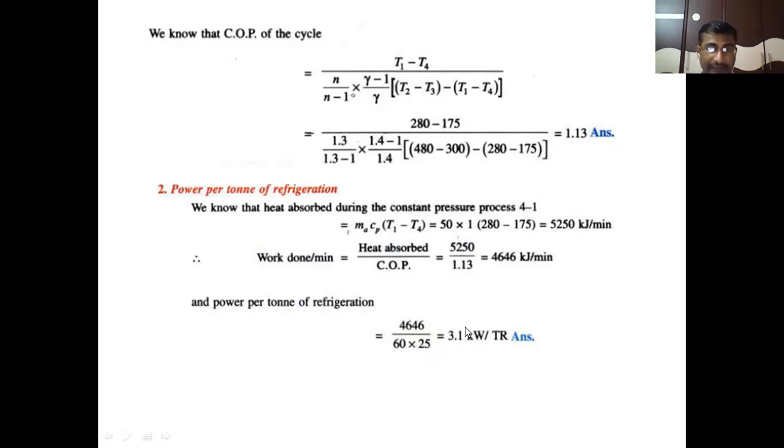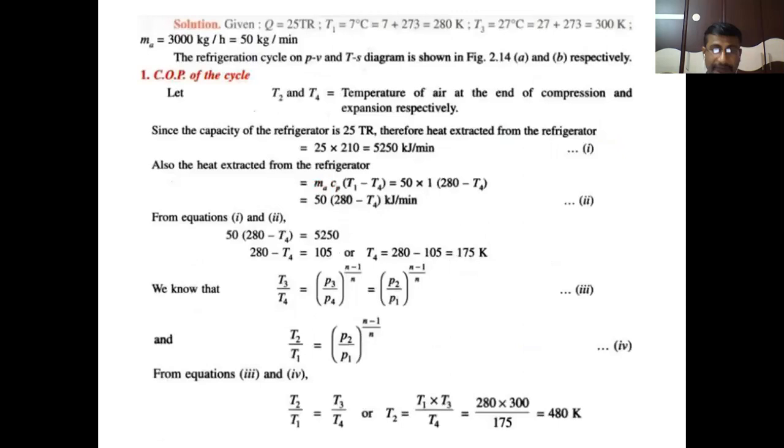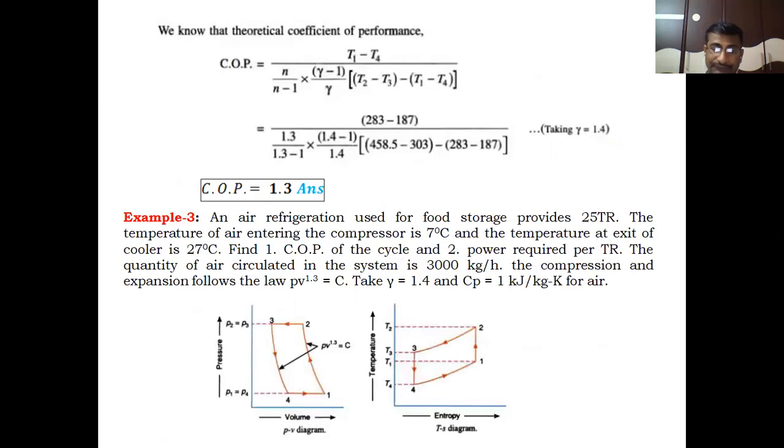For every 1 ton of refrigeration, we require 3.1 kilowatts of power. Clear, students? Here the power required per ton of refrigeration was asked, that's why we are dividing by 25. This is example 3.